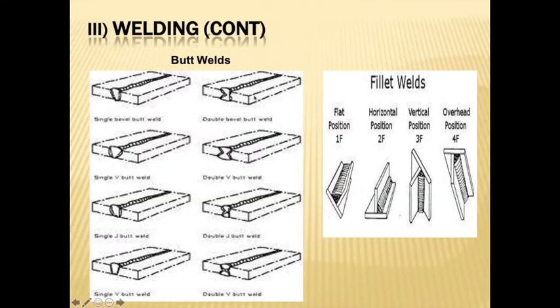So these are examples of butt welds. We have a few types, and also we have fillet welds. You can see here that we have the flat position, horizontal position, vertical position, and also overhead positions. So these are for the fillet weld.